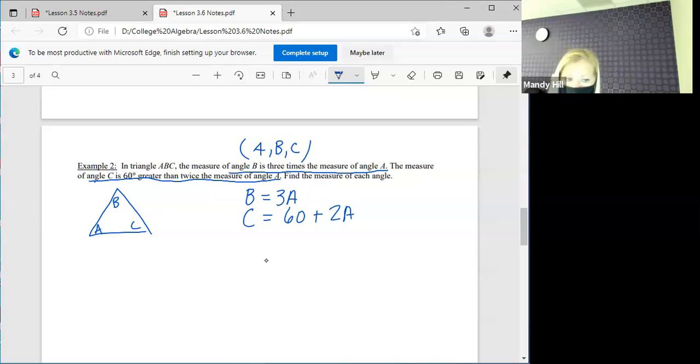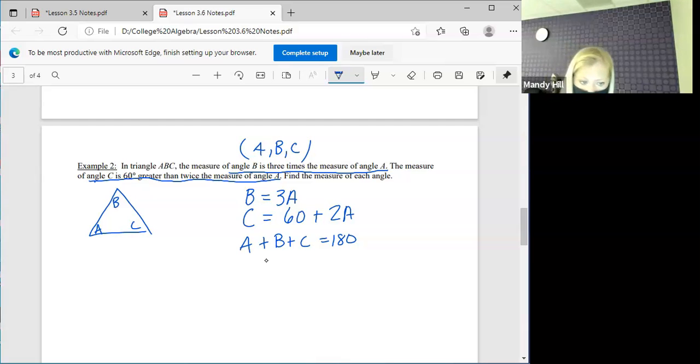What's a fact you know about a triangle and angles? They all equal 180. There's the fact you need to use. And there's almost always that sentence where you take all of the things, A, B, and C, and it's going to equal 180. It was kind of like in that mutual fund, there was X plus Y plus Z is 15,000. Every one of these problems almost has this statement where they all add up to be something. If you're missing one, that one's probably the one you're missing.